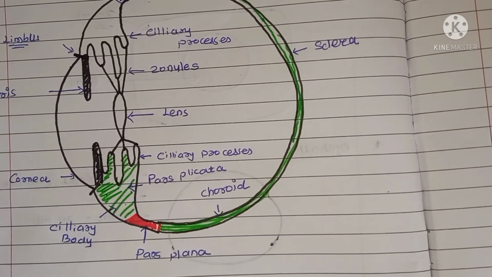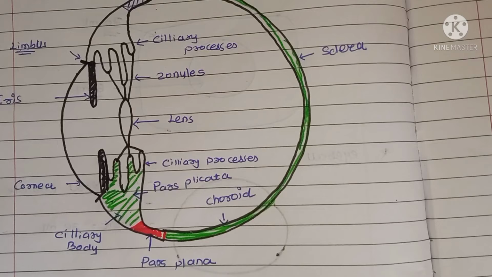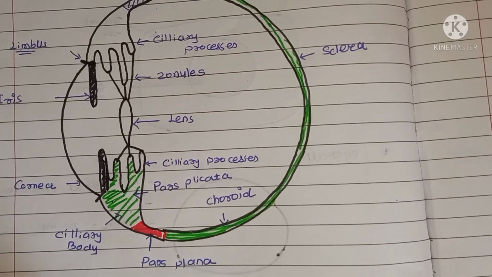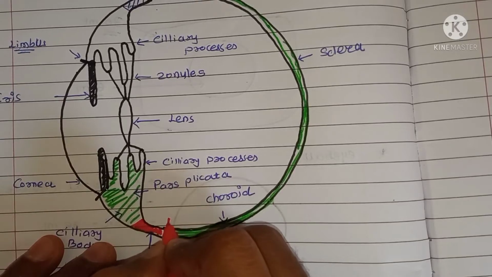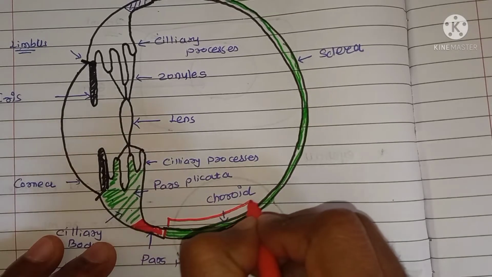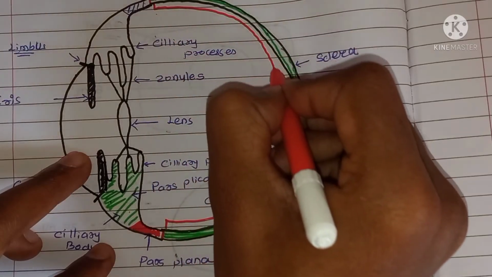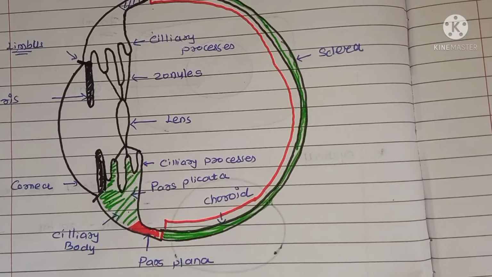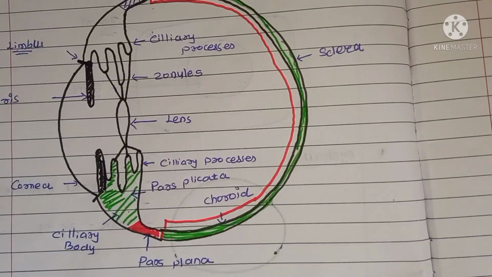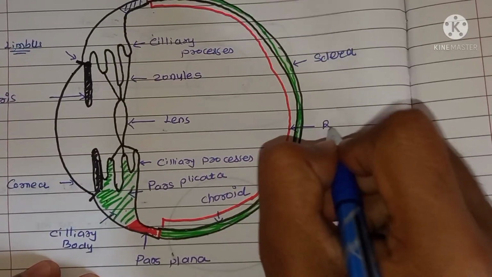Now let's talk about the innermost layer. We know that the innermost layer is known as the retina. So let's draw a retina. This is the innermost layer, and we know that it is our retina.